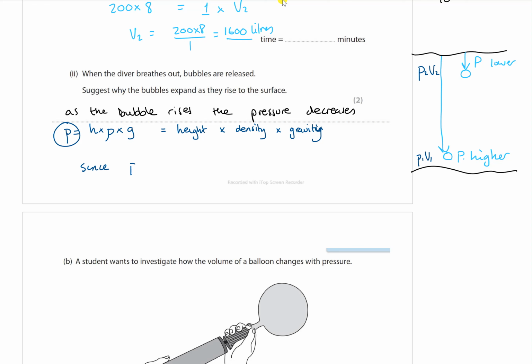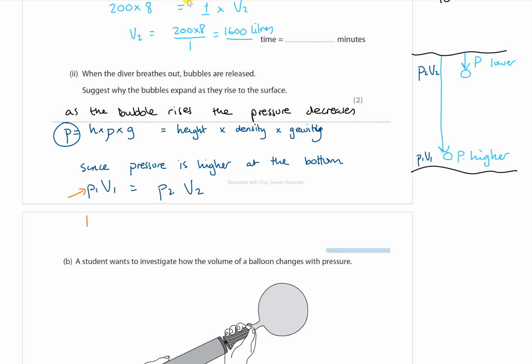Since pressure is higher at the bottom, P1V1 equals P2V2. So just say, what we'll do is we'll do it this way.